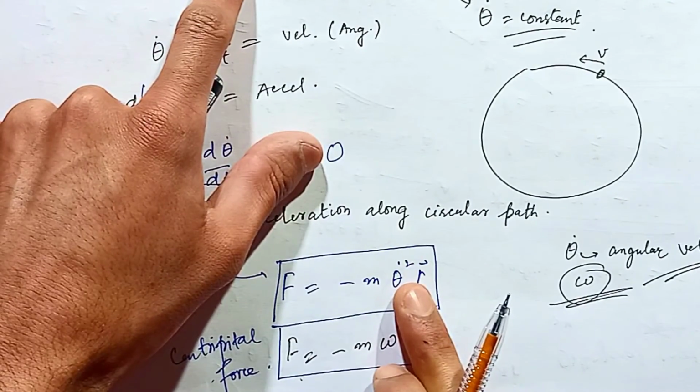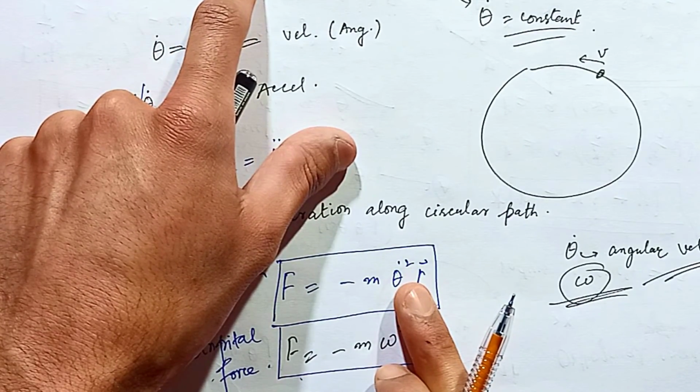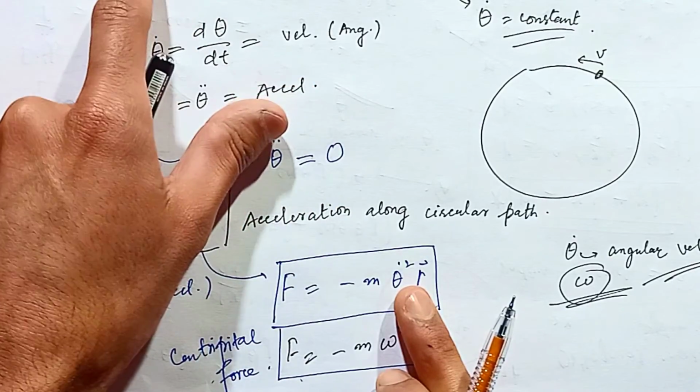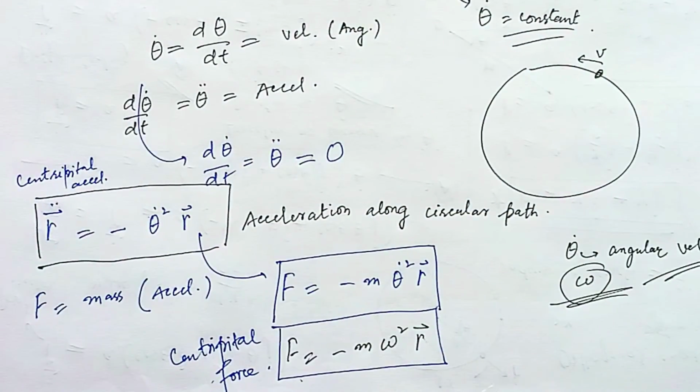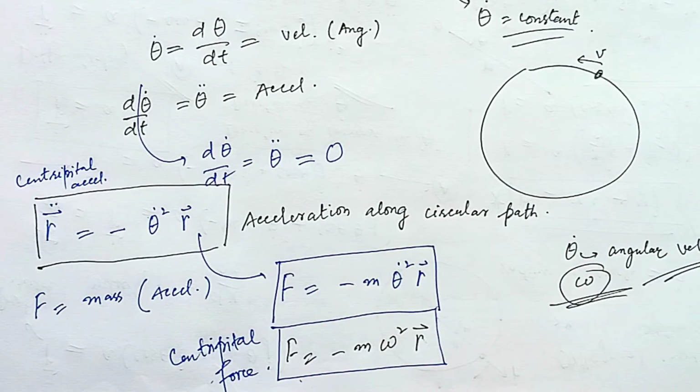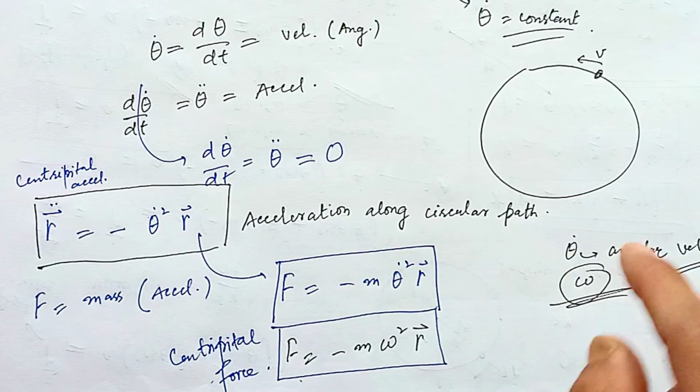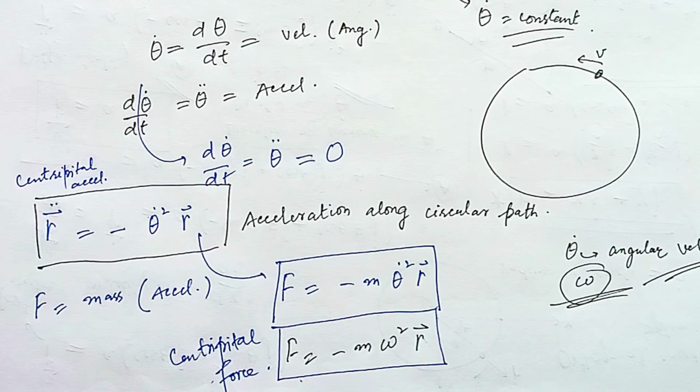The other component here has vanished, but one component still exists, and this gives the acceleration produced inside the body even though it is moving with constant velocity.